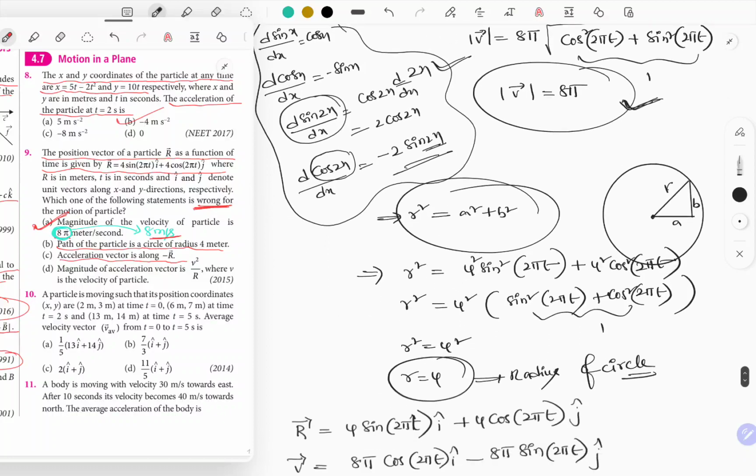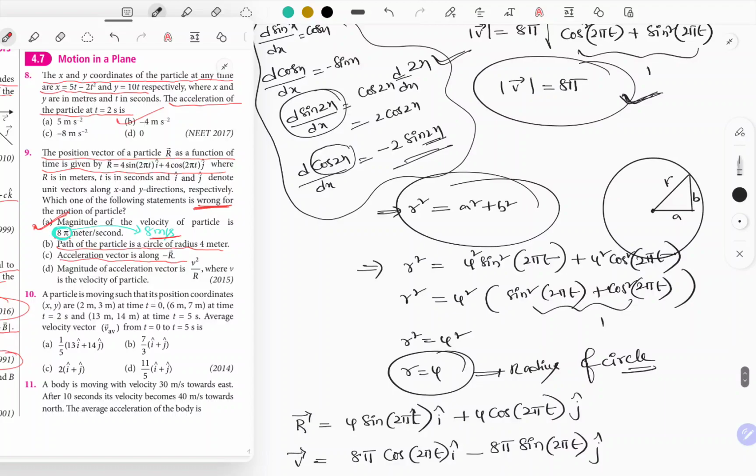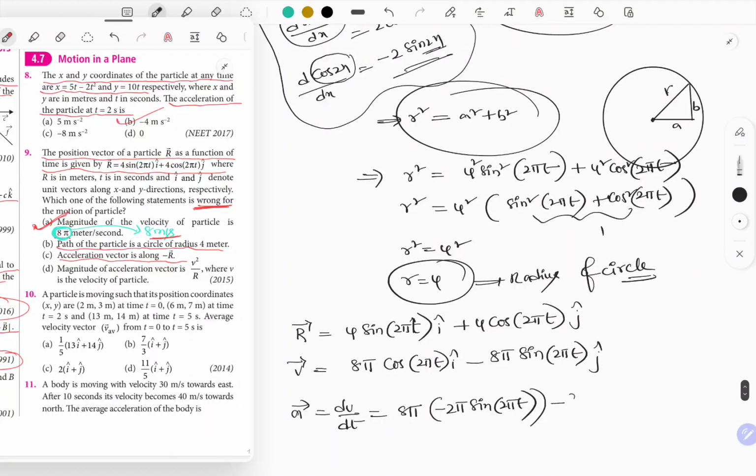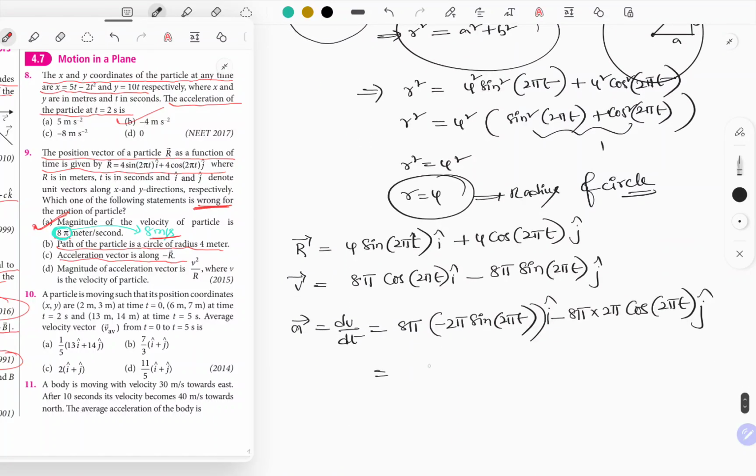Minus 8 pi, sin differentiation is cos, 2 pi comes outside, 2 pi cos of 2 pi t. So this is the acceleration, i cap and this is j cap. Okay, look at this. So finally we are going to get minus 16 pi square sin 2 pi t i cap minus 16 pi square cos 2 pi t j cap.